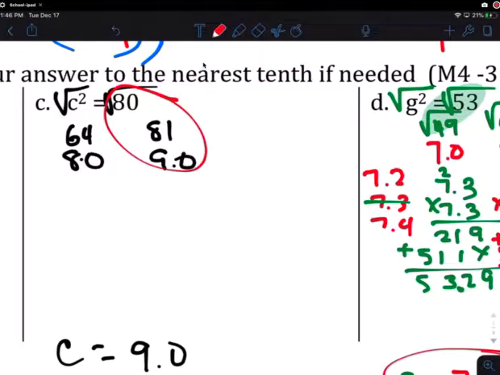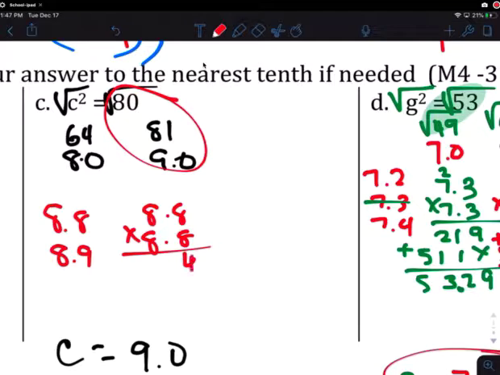Very close to this one. So 8.8 and 8.9. Those are my only two because it's so close, only one away. So I'm going to try 8.8. 64, carry the 6. 64, 70. 77.44, too little.